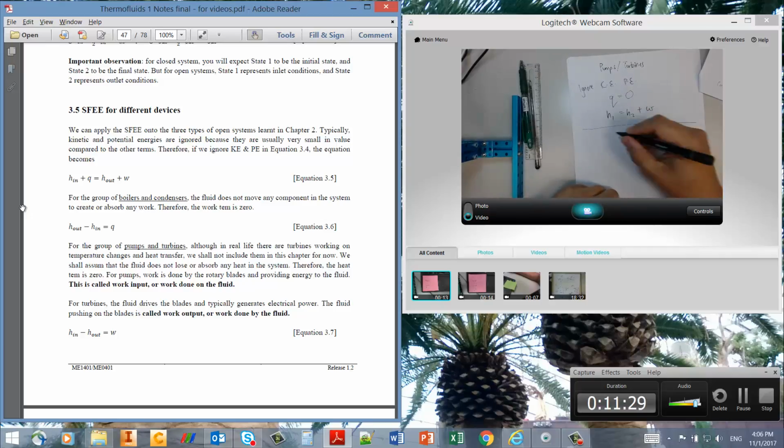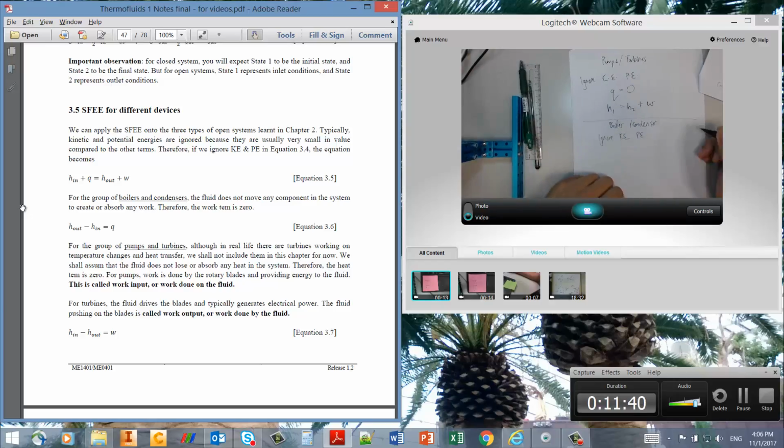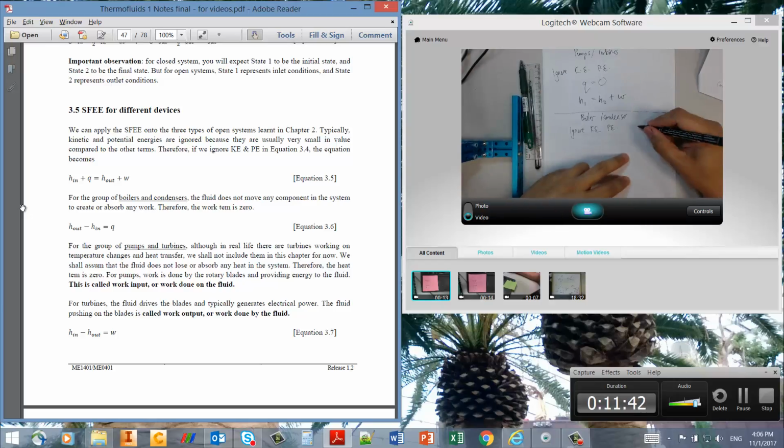And then for boilers and condensers, you can also ignore KE and PE. But this time, for boiler and condenser, the idea is just a transfer of heat between two fluids.